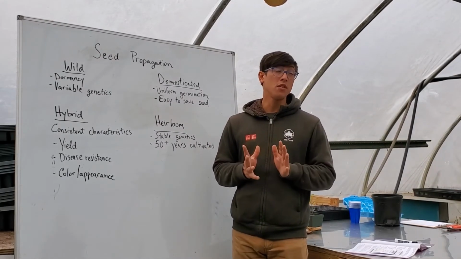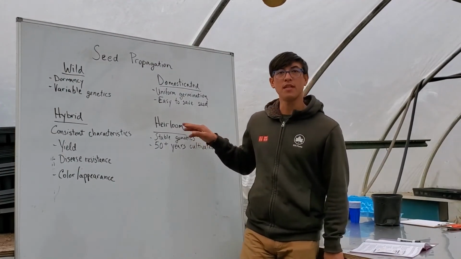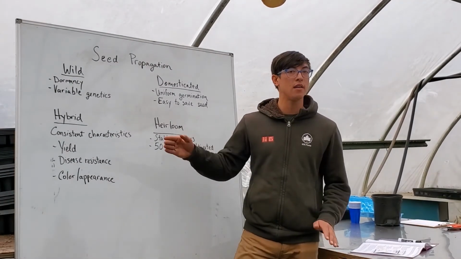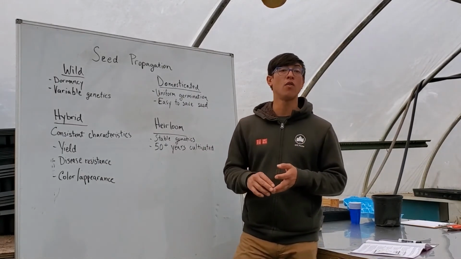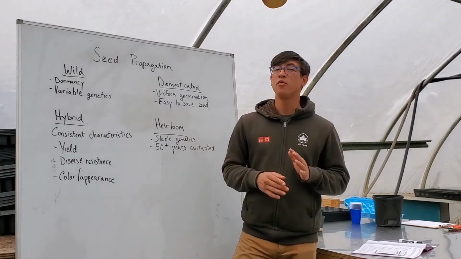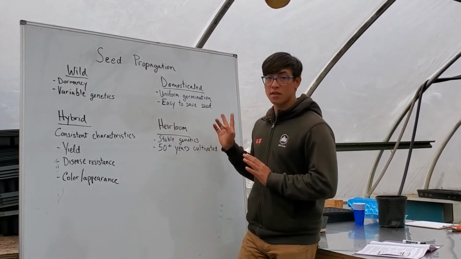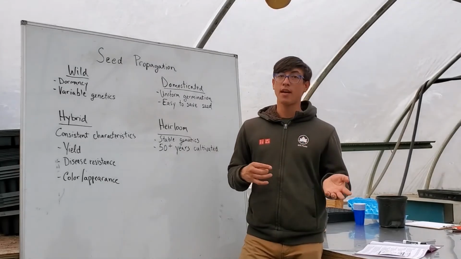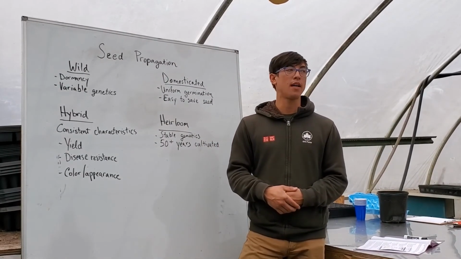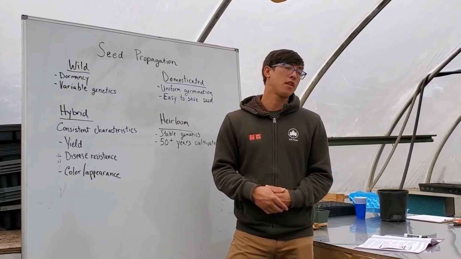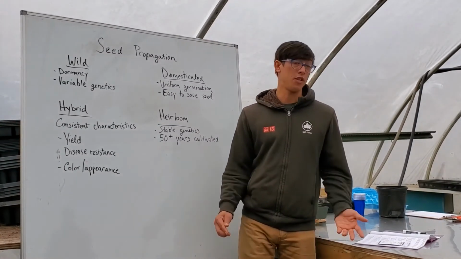The one exception to the stable genetics in heirlooms is if you're growing multiple varieties of a species together, like different varieties of tomato or squash together, you might experience cross-pollination, which will not give you the same heirloom, but it can be kind of cool to see what happens when two different heirloom varieties cross-pollinate, and you'll come up with something completely different and new, which will still be good to eat.